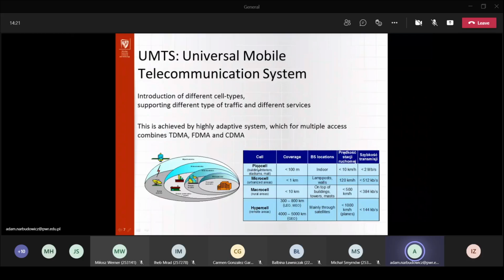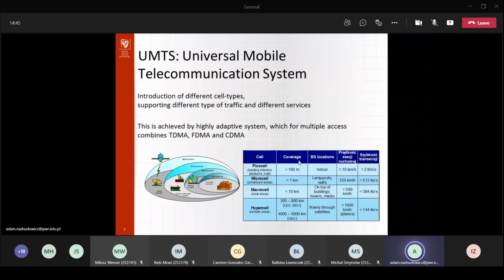Each of those will comprise a different area. So typically picocell, that was back then a new concept. It supports coverage of up to 100 meters. So that was something that you could have, for example, in a building.